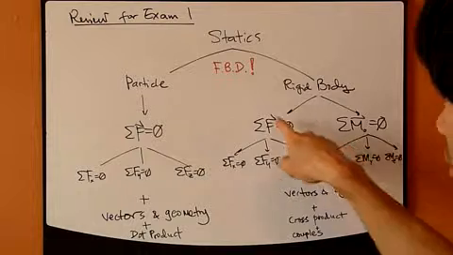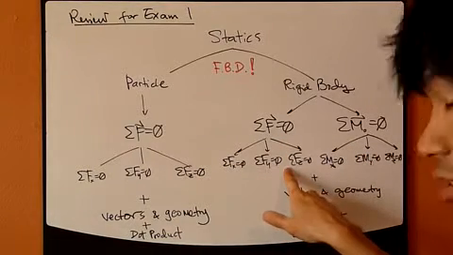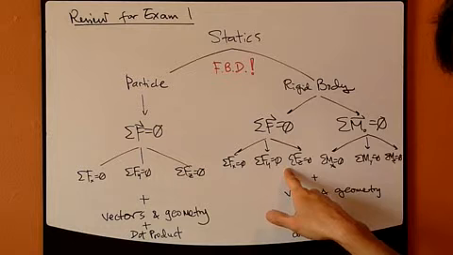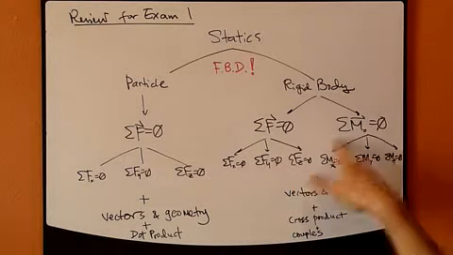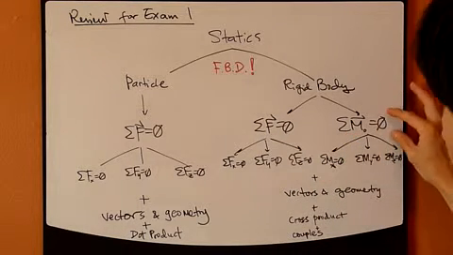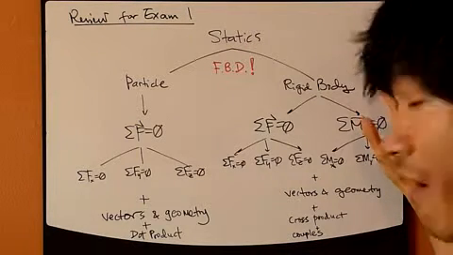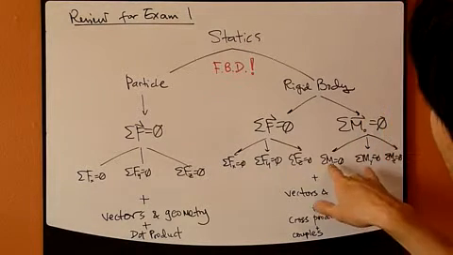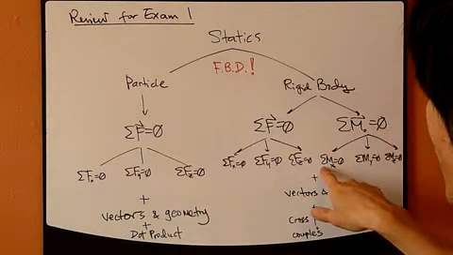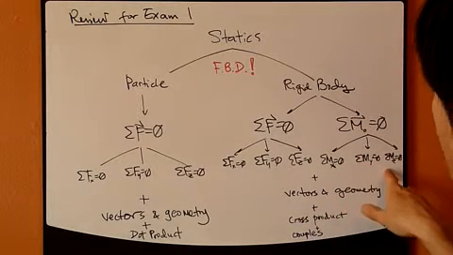Sum of forces just like particle, so we can have three components in three-dimensional Cartesian space, x, y, z. Sum of moment must also be satisfied. The moment is defined as R cross F, and in three-dimensional space, you can take moment about each of the principal axes, x, y, z axis.